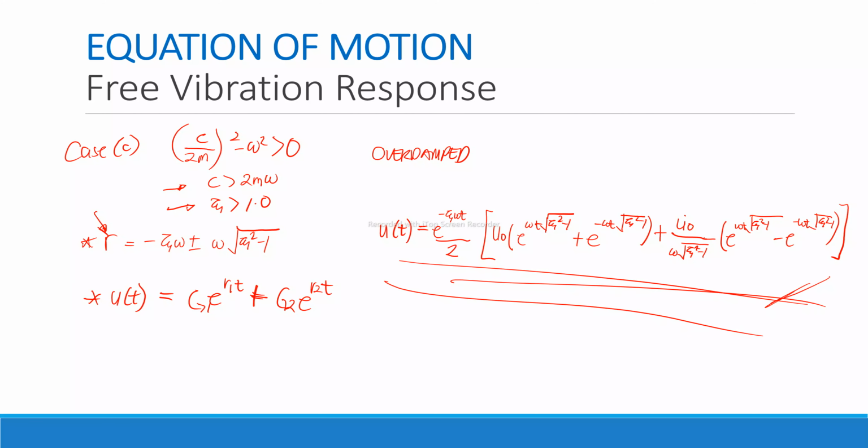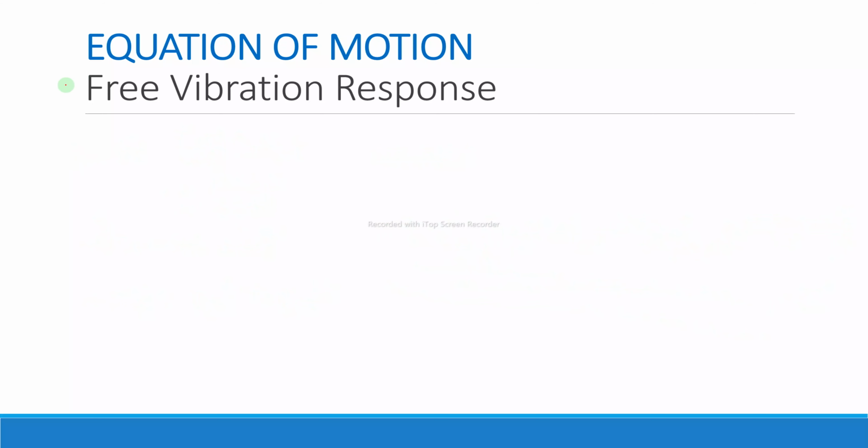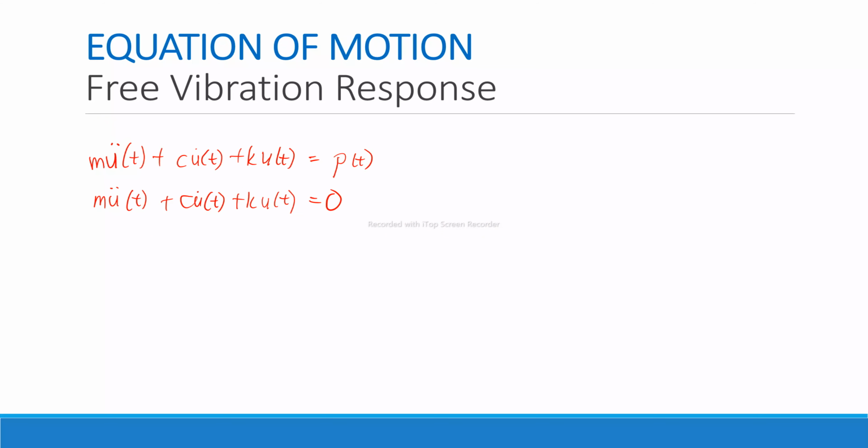So as you can see, from the general equation of motion, a second order differential equation, and applying the concept of free vibration where our dynamic force is equal to 0, we yield four general solutions.